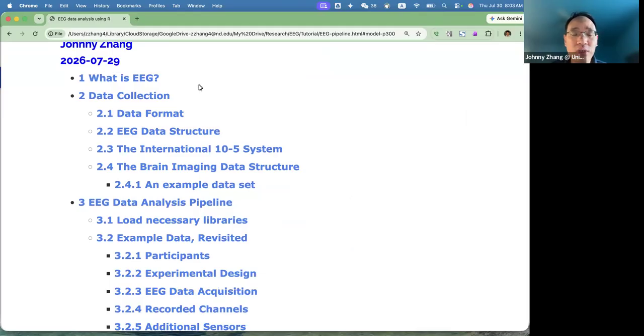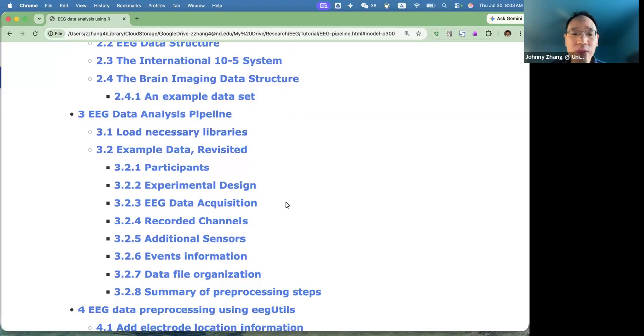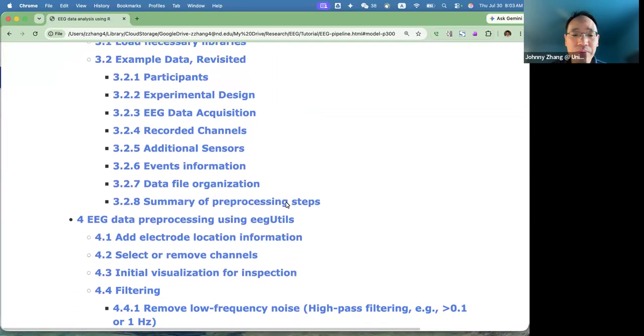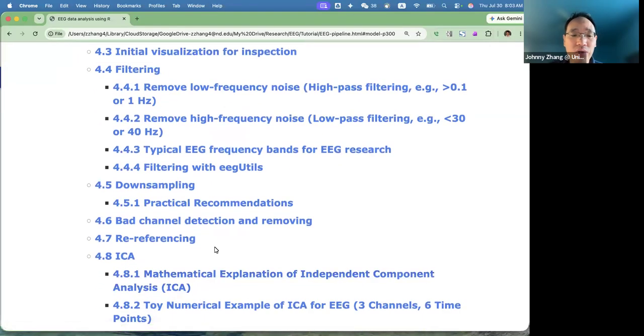So I will start with a brief introduction of what EEG is, and then I'll talk about how to collect EEG data. And I will focus on the EEG data analysis pipelines, including how to do filtering, downsampling, how to do bad channel detection and removing, and how to do independent component analysis.